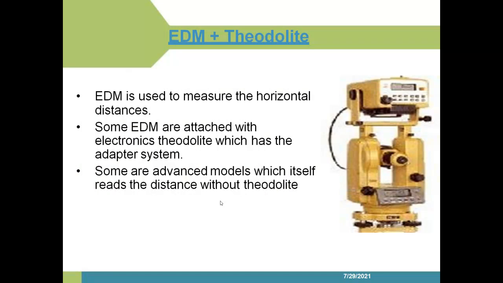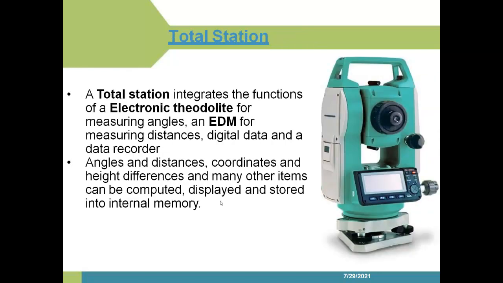EDM plus theodolite is the old traditional method. After that the total station came. In the total station, the electronic EDM is directly fed into the instrument. The EDM sends a signal pulse.